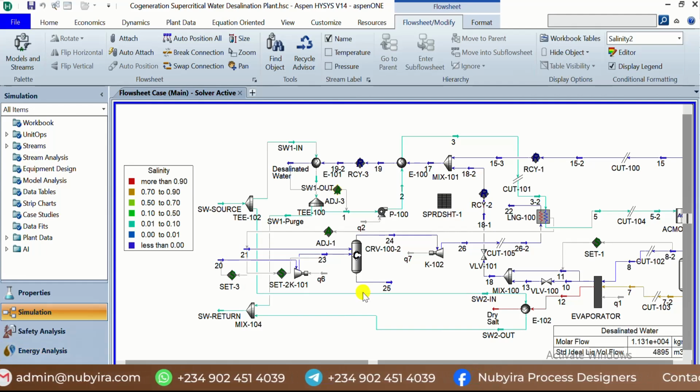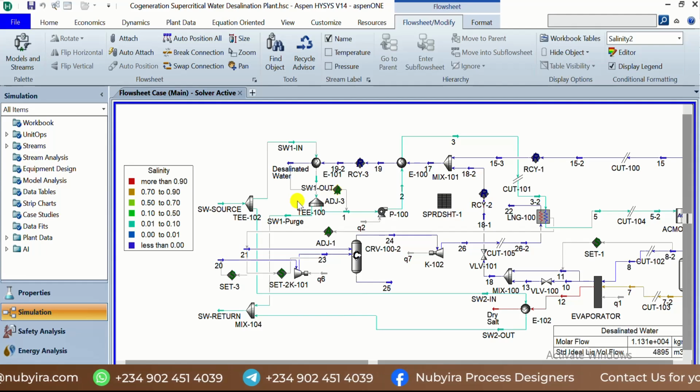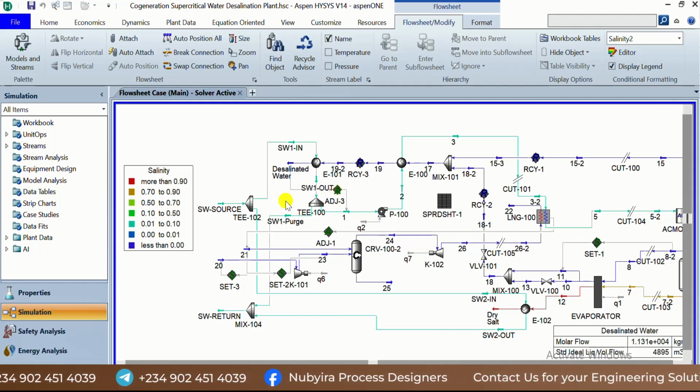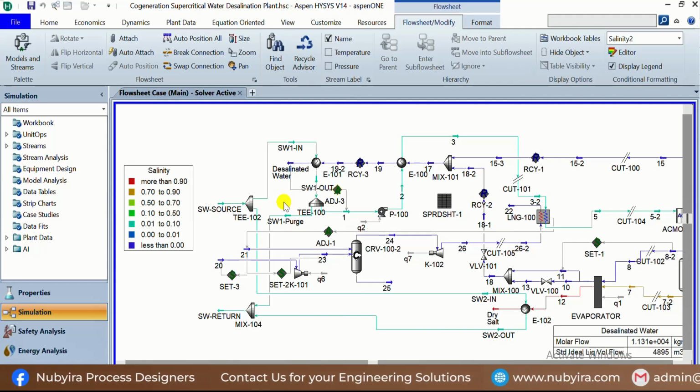We use Aspen HYSYS to develop the model for the plant, and we use it to analyze the plant performance, the economic analysis, the energy analysis, thermodynamic analysis, efficiency, and life cycle analysis of the plant.